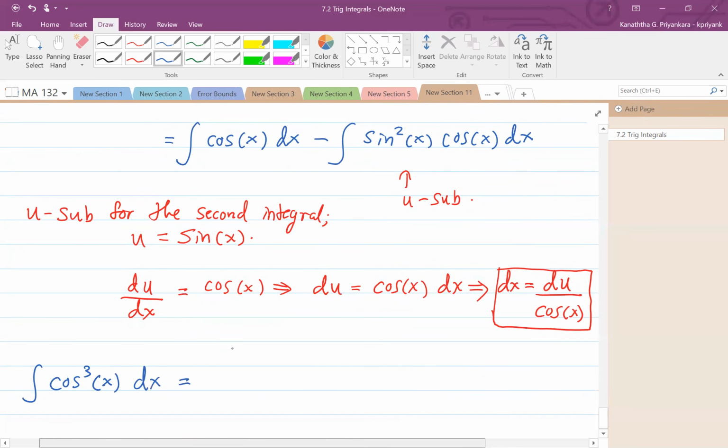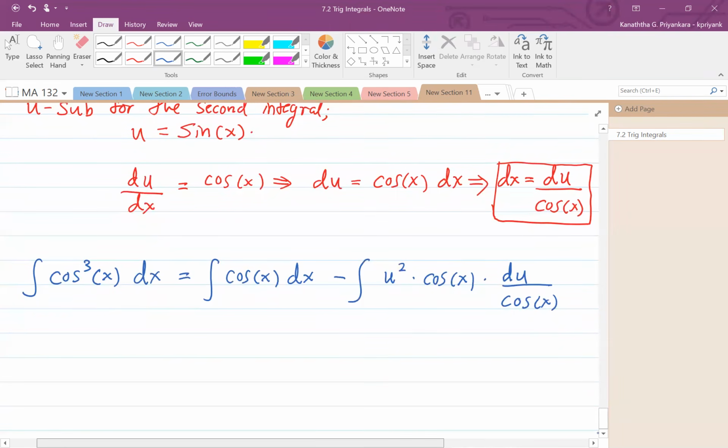We know the integral of cosine x, so first I will write it down as it is and then do it later. Minus, so I'm going to write this as u squared times cosine x times dx, so we can write it as du divided by cosine x.